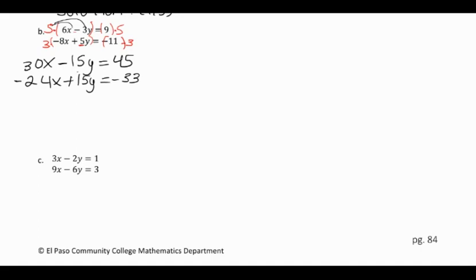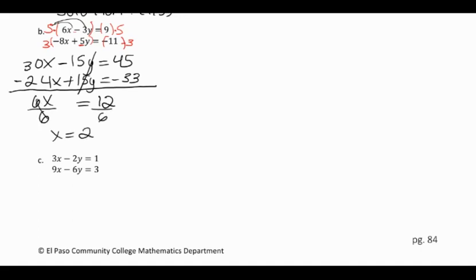Now here our y's have the same coefficient, opposite signs. So we can go ahead and add our equations. 30x minus 24x is 6x. Negative 15y plus 15y, they cancel. And 45 minus 33 is 12. So we solve for x, divide both sides by 6.